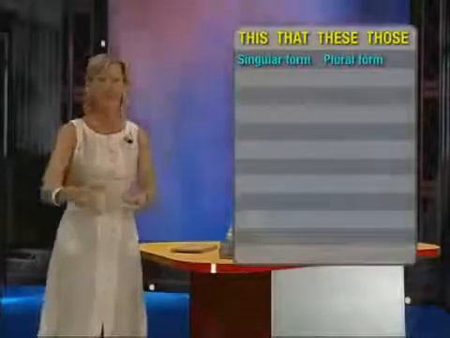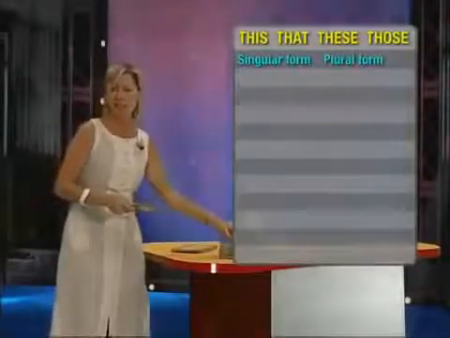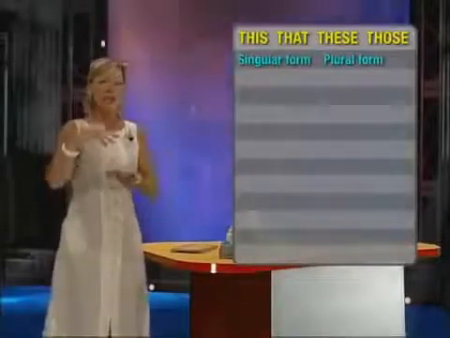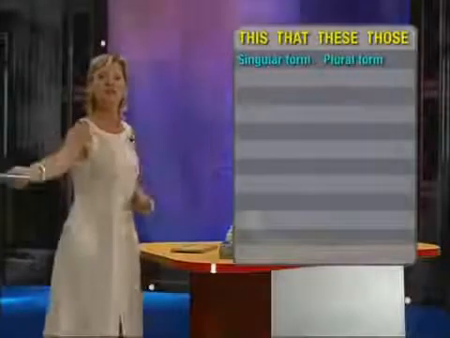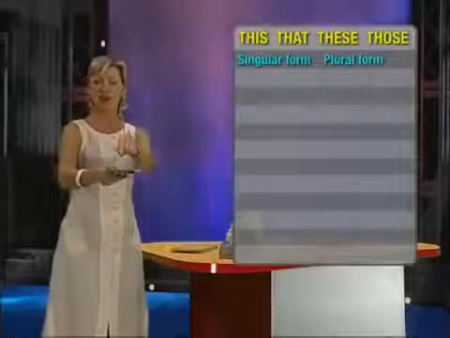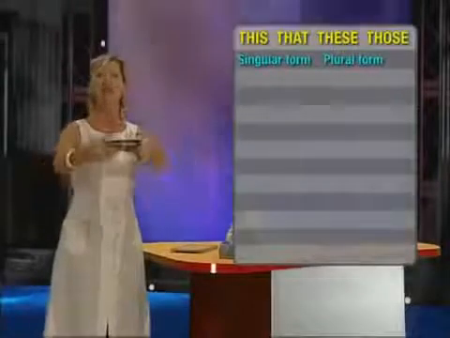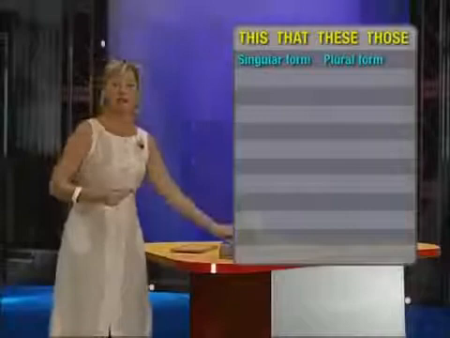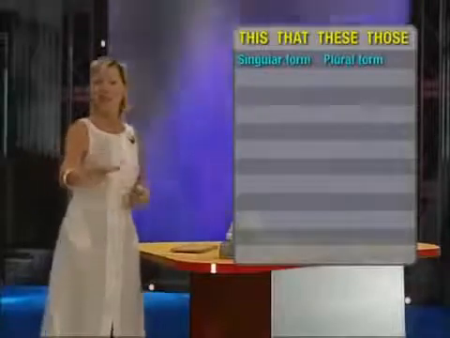This, that. All right? We hear this very often. Let me take two. Plural. Now we say these CDs. When they're far from you, we say those CDs. Okay? So these, those, one, this, that.